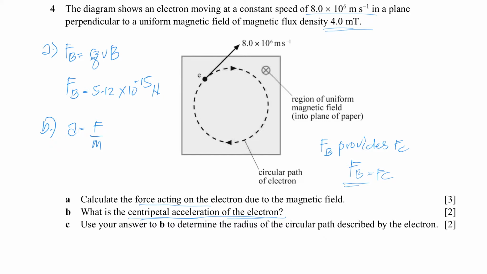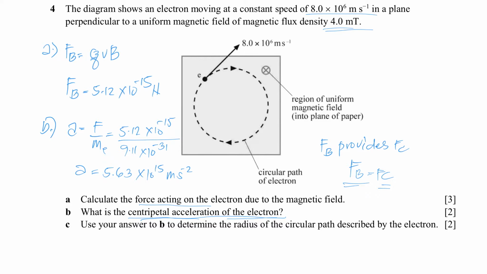Since the two forces are equal, we can use 5.12 times 10 to negative 15 divided by the mass of the electron. We know the mass of the electron is 9.11 times 10 to minus 31. So your acceleration here is around 5.63 times 10 to 15 meter per second squared. That is your acceleration here.